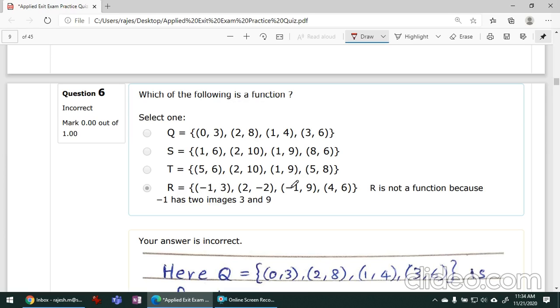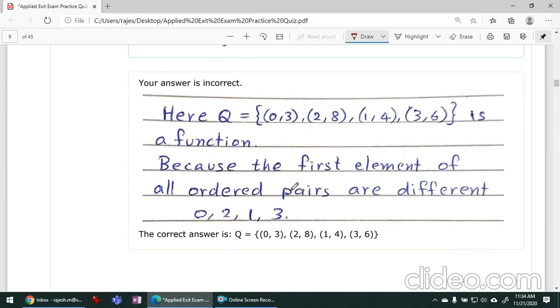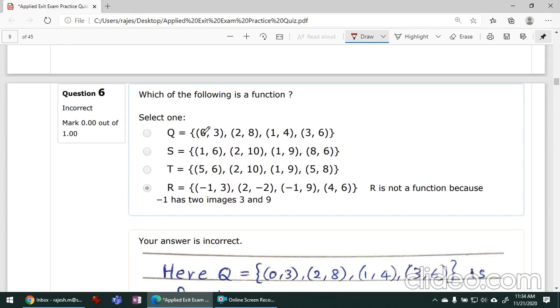All the first numbers should be different. Look here. What is Q here? The first one, 0, 3, 2, 8, 1, 4, 3, 6. You see the first numbers, 0, 2, 1 and 3. All are different. If all are different, then it is a function.